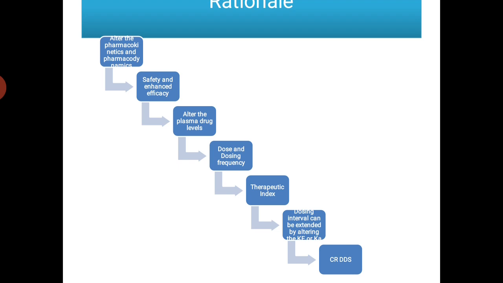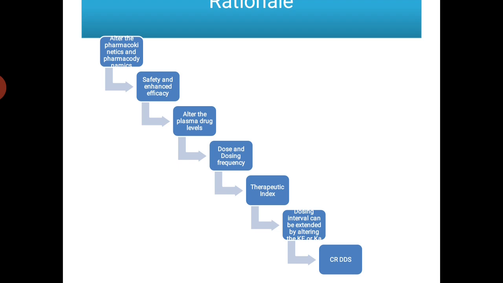Say, for example, if the maximum safe concentration is 500 and the minimum effective concentration is 100, the therapeutic index we can call 500 by 100, which is 5. But if the maximum safe concentration is 200 and the minimum effective concentration is 100, the therapeutic index becomes 2. That means as the therapeutic index is reducing, it is very difficult to adjust the dosage regimen.